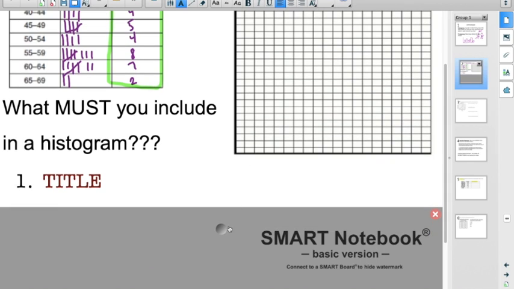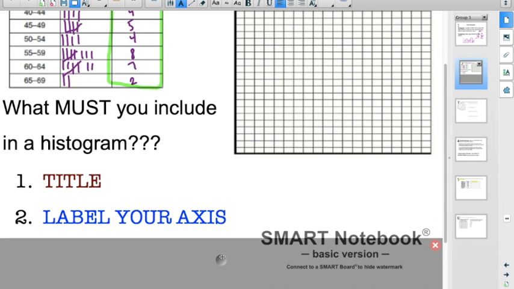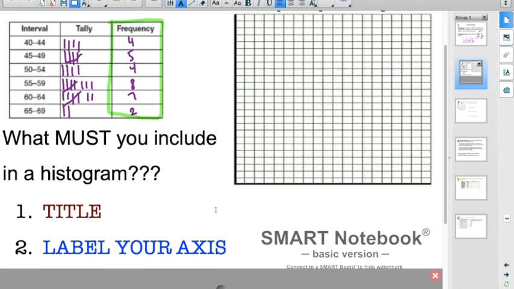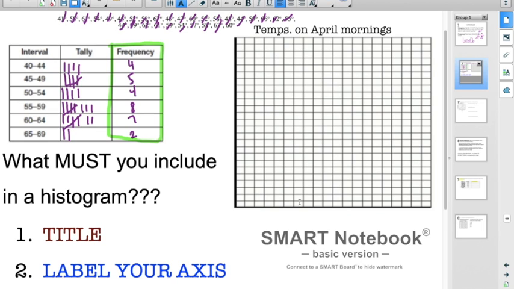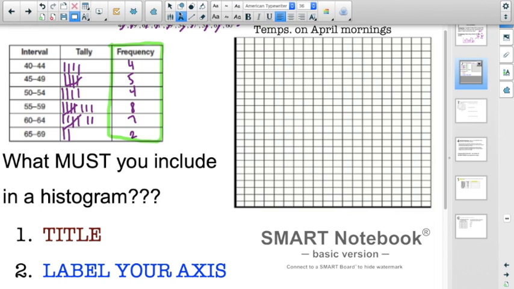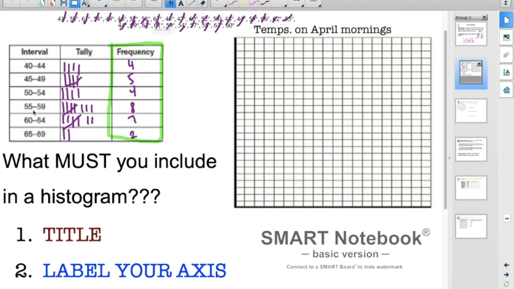Number 2, you gotta label your axes. In other words, what goes on the x-axis, what goes on the y-axis. Okay, so think about how we would have to do that. The 2 axes are definitely going to represent, I will give this to you, interval and frequency. But does the interval go on the x-axis or the y-axis and vice versa?